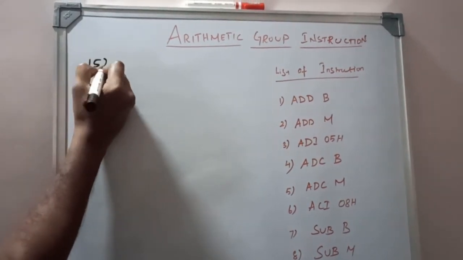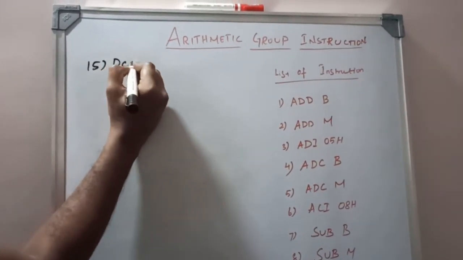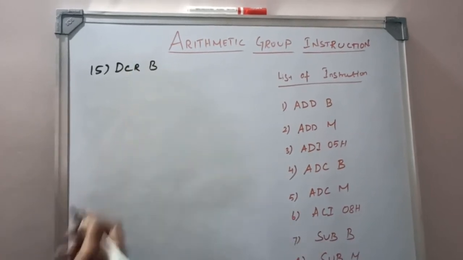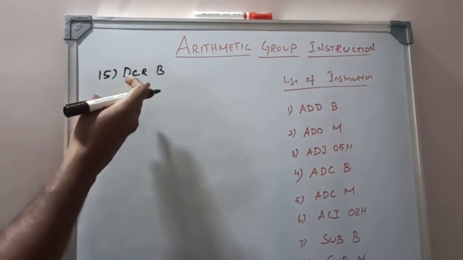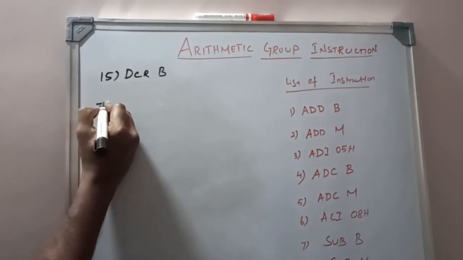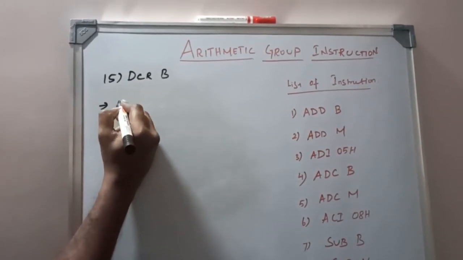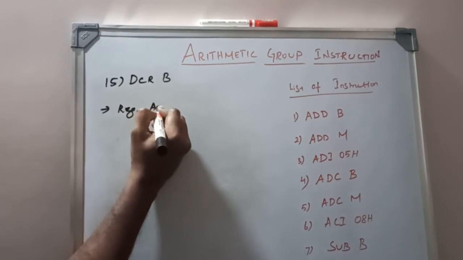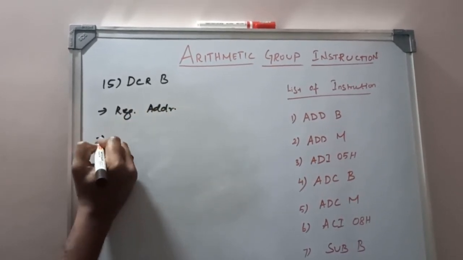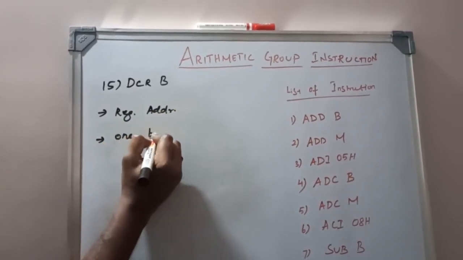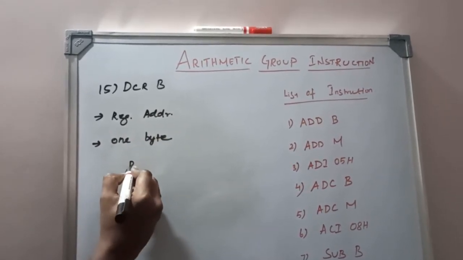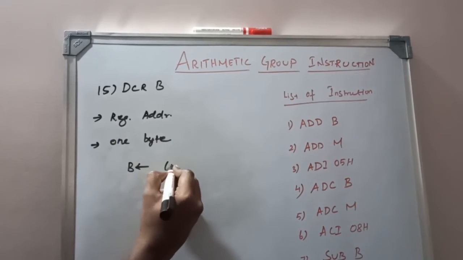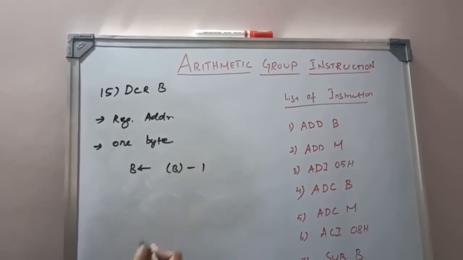Next one, decrement B. In this instruction, decrement the content of the specified register. Type of addressing mode: register addressing mode. Byte of instruction: 1 byte instruction. The instruction function: B register minus 1.